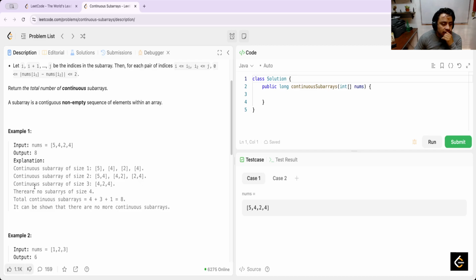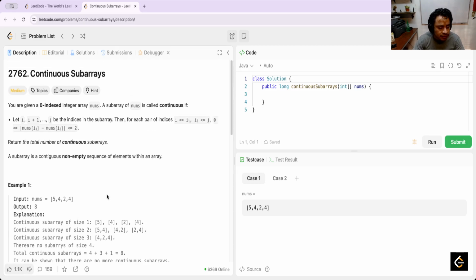Contiguous subarrays of size 3: 4 2 4. The total number of continuous subarrays is 4 plus 3 plus 1.